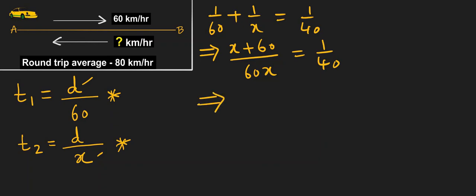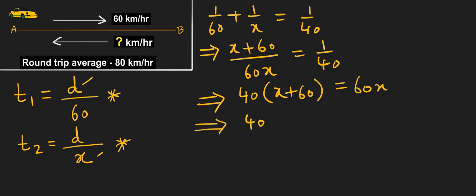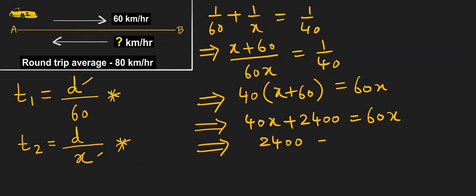Or 40 multiplied by (x plus 60) equals 60x, which becomes 40x plus 2400 equals 60x, or 2400 equals 60x minus 40x, which is equal to 20x. So 2400 is equal to 20x.